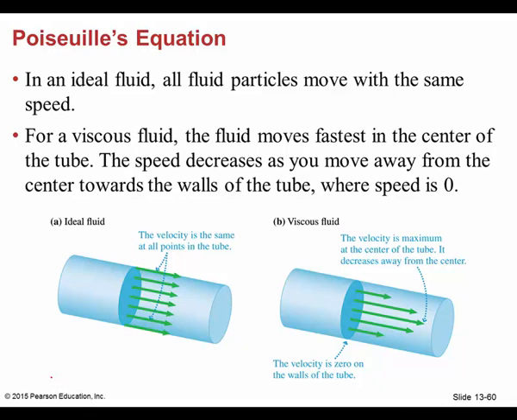Poiseuille's equation, again, dealing with viscous fluids. Notice here is an ideal fluid. Notice they're all moving along at the same speed. The velocity is the same. However, that's really not always the case, because you have to realize that the fluid close to the chamber walls is going to be slowed down by the chamber walls, okay?